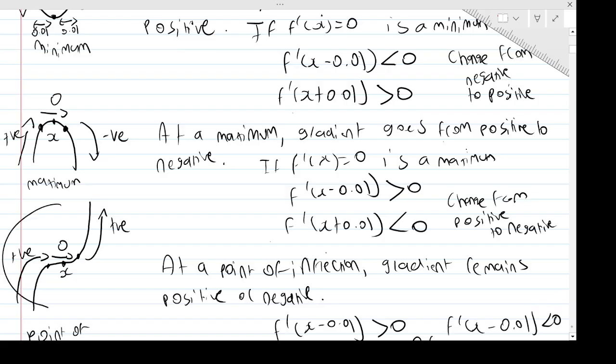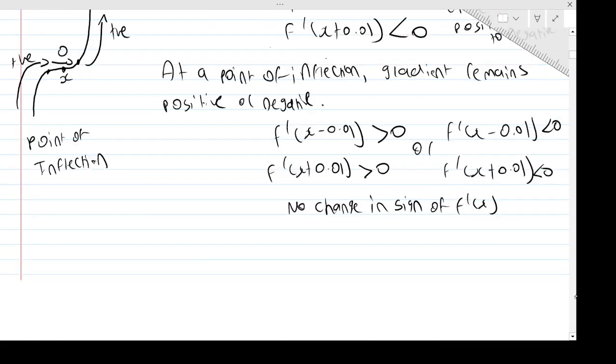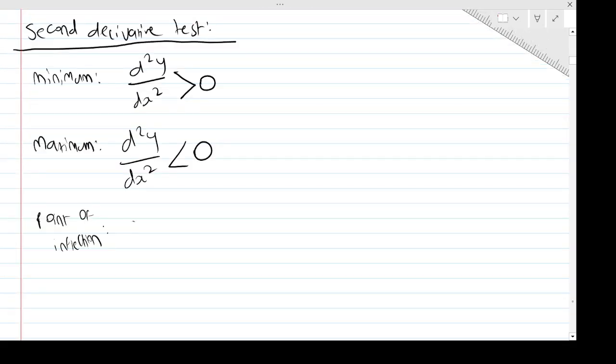The curve either continually increases or decreases. Therefore, the gradient remains positive or negative, right? What that means is there's no change in the sign. So for a point of inflection, the second derivative, which is the change of the gradient, has to equal 0, because there's no change in the sign of the first derivative, because it's always positive or always negative. There's no change in that.